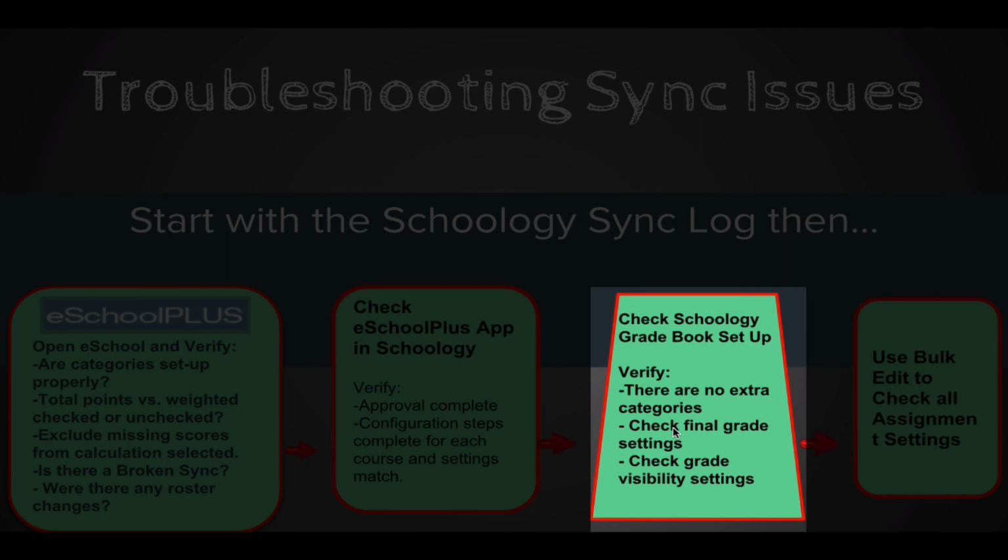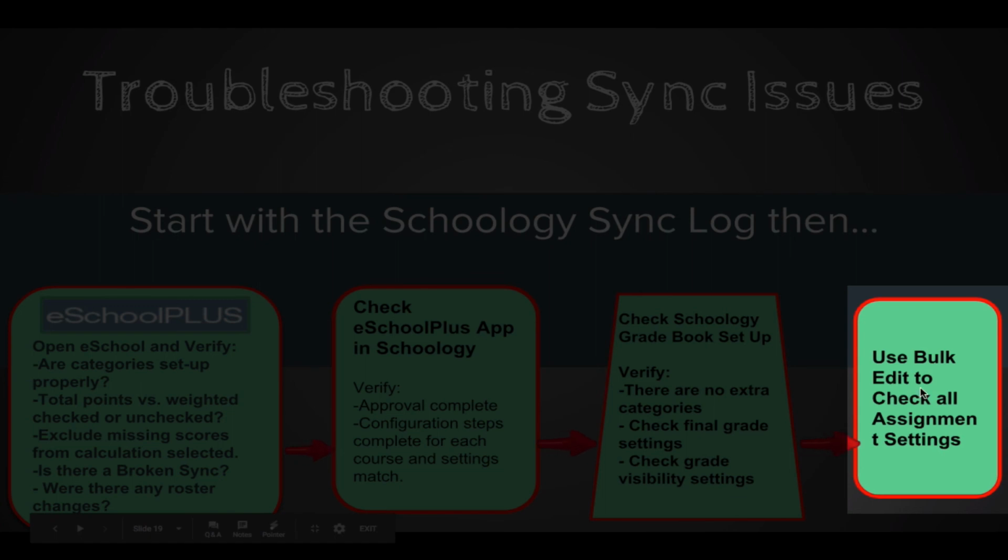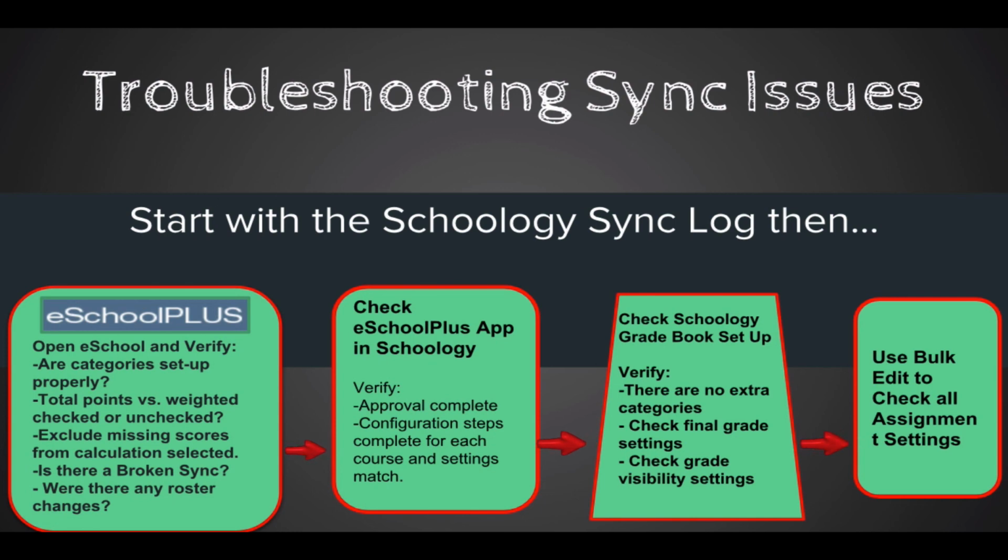Make sure it's alpha for the regular courses and then OSN for the Encore or the citizenship grades. And then make sure that your grades are visible. Those assignments are visible. If not, it's going to affect the calculated grade. Then, just to remind you, go to bulk edit in your gradebook to make changes that you need to. It's a really great place to go. So that's pretty much it in a nutshell.